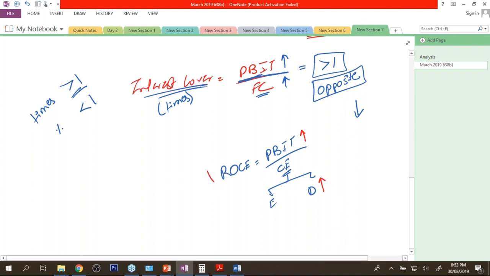So this will actually result in a net decrease in the return on capital employed because the value of the debt will be significantly higher than the impact on the PBIT. So the return on capital employed will be decreased.